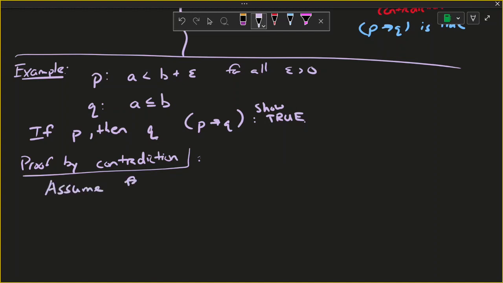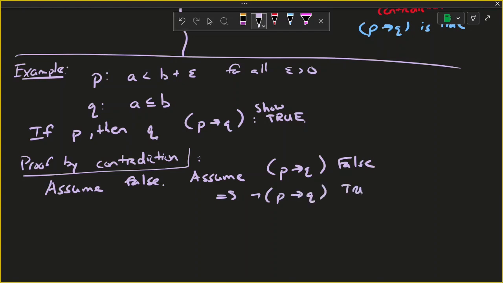So we assume false. We assume if P then Q is false. Like I said before, that implies the negation is true, and that's logically equivalent to saying P and not Q is true.